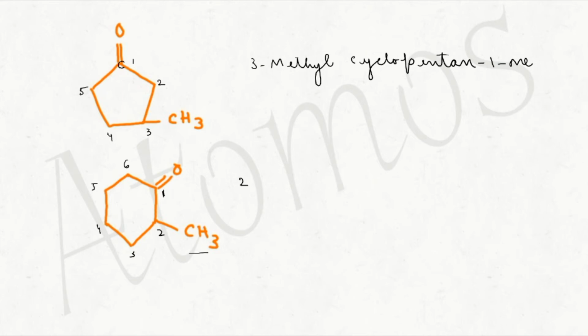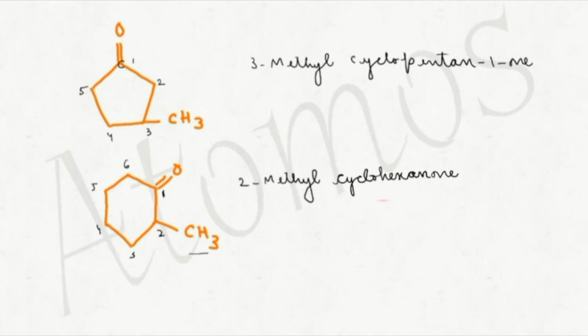Write it 2-methyl. How many carbon atoms are there? 6 carbon atoms are there. So this is a cyclohexane. 2-methyl cyclohexanone. Otherwise, hexane-1-one also you can write. Both are correct. Okay. 2-methyl cyclohexanone. That will be the name of the compound.